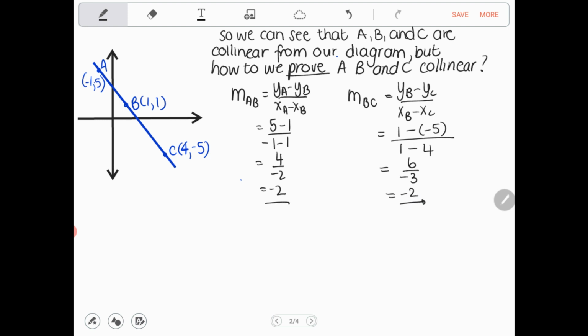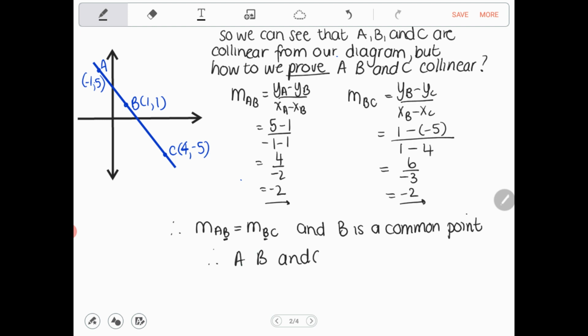You can see these two have got equal gradients. So I'm going to say therefore the gradient of AB is equal to the gradient of BC, and B is a common point. You've got to have equal gradients, and on each of them you have to have the same letter repeated, a common point. Therefore A, B, and C are collinear.